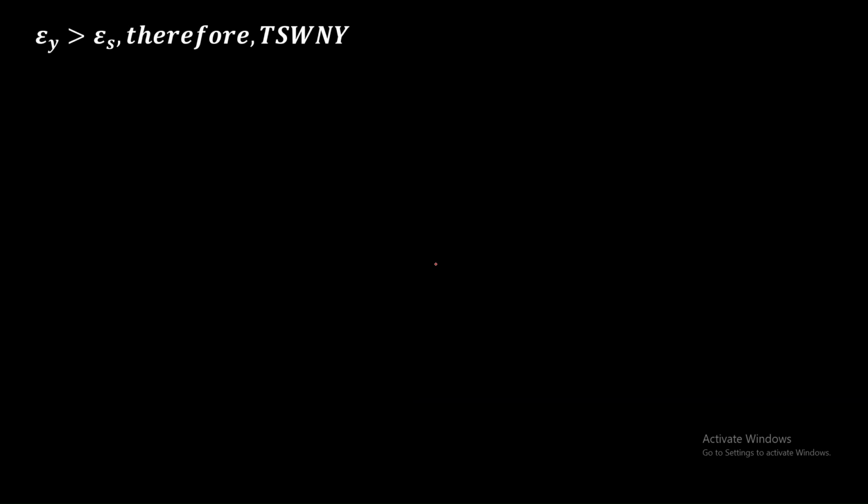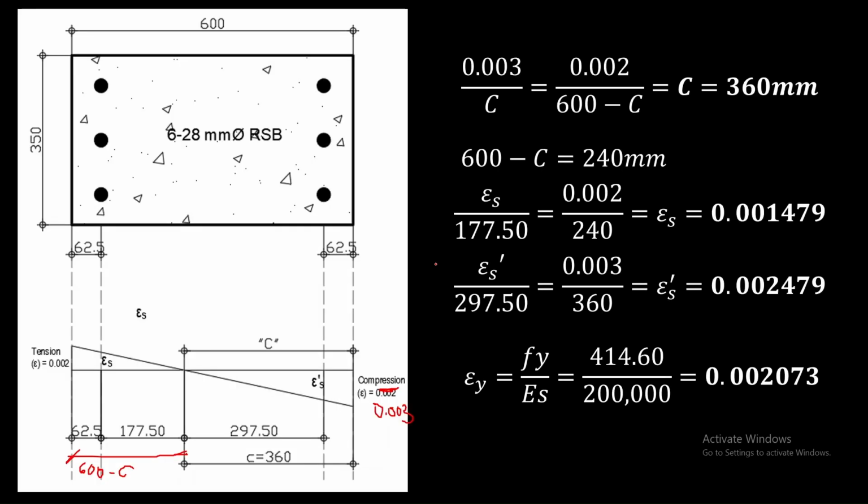So since epsilon Y is 0.002073, it is greater than the value of steel reinforcement strain for the tension reinforcement, or in short, epsilon Y is greater than epsilon S, we can say that tension steel will not yield.